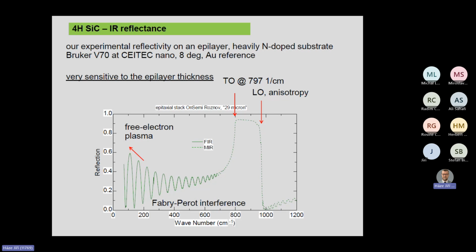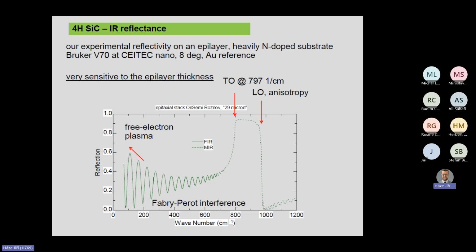And now, this is the first of my examples of pressure data. This is our reflectivity, nearly normal reflectance on an epitaxial sample.